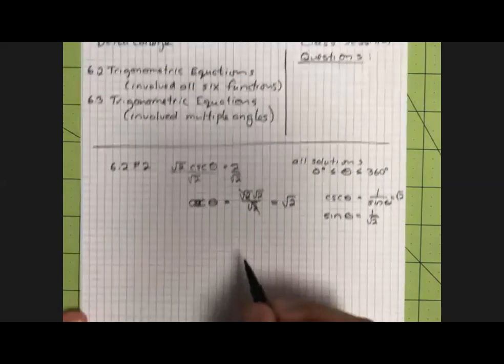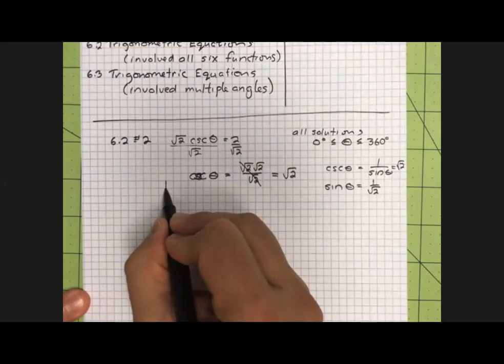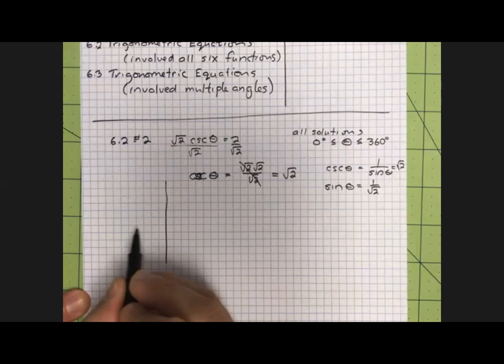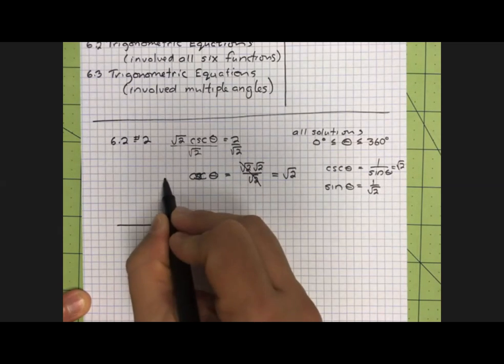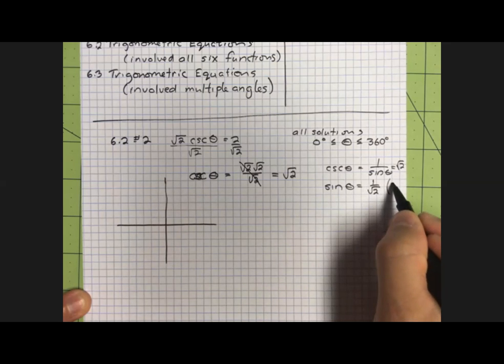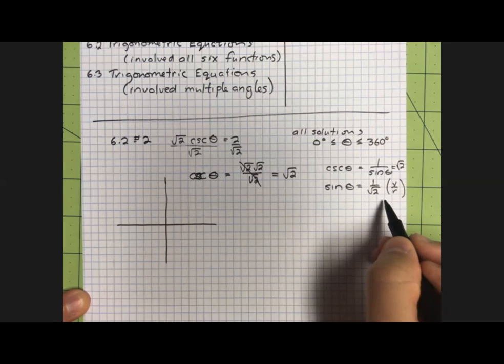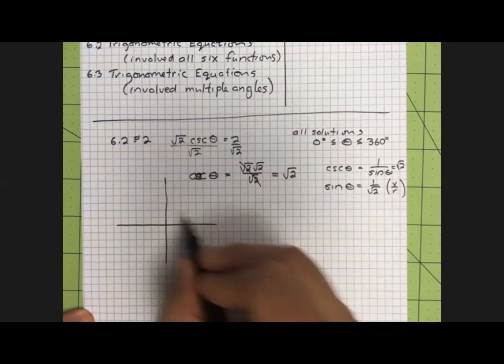Now I have to draw that angle. And that's a famous angle with a y over r value of 1 to root 2. That's a 45, 45, 90 triangle.